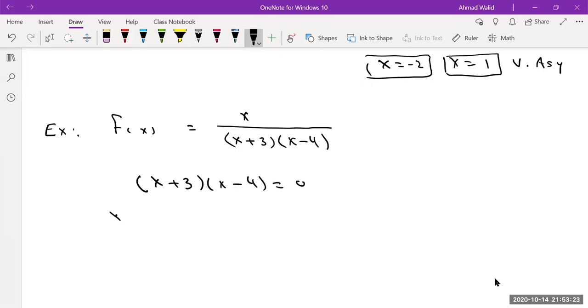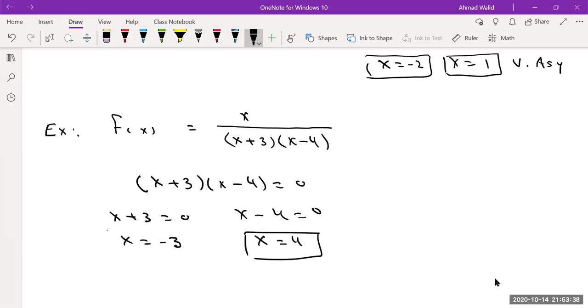From here, x plus 3 equals 0 and x minus 4 equals 0. X plus 3 equals 0 means x equals negative 3, and x minus 4 equals 0 means x equals 4. We call these two the vertical asymptotes, which you learned also in college algebra, correct? When you were dealing with rational functions in college algebra, you already knew how to find the vertical asymptote.